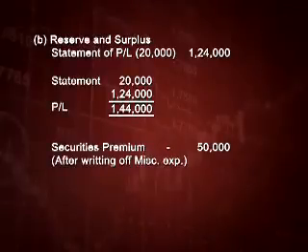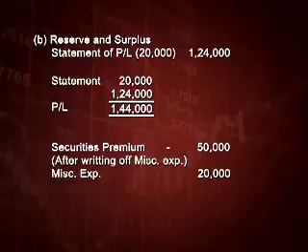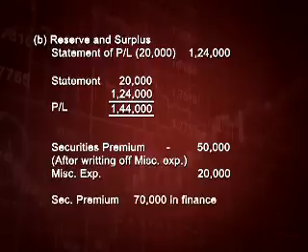Okay, the next point is security premium reserve after writing off miscellaneous expenditure, which is 50,000 in 2013 and zero balance in 2012, and miscellaneous expenditure is shown as a negative item, 20,000 in 2012, which means that actually security premium was 70,000.